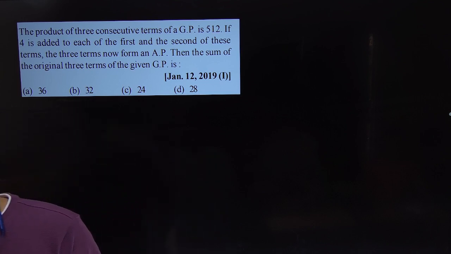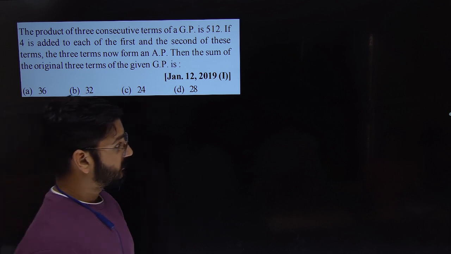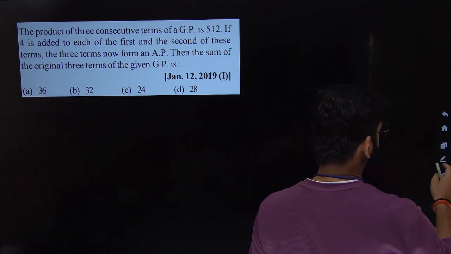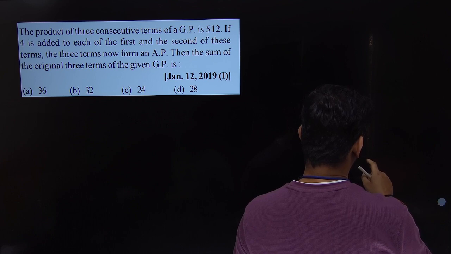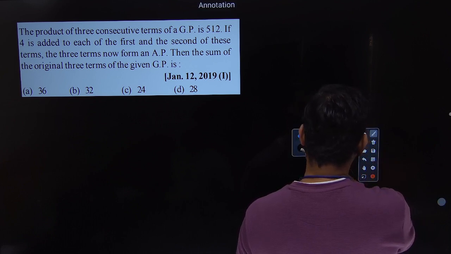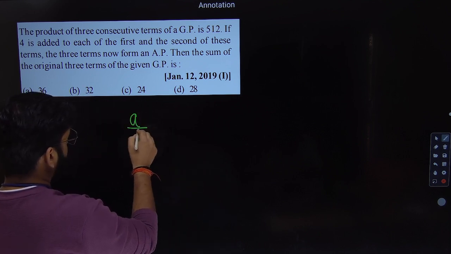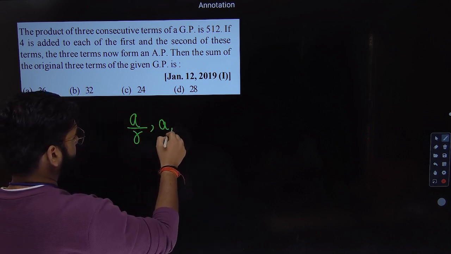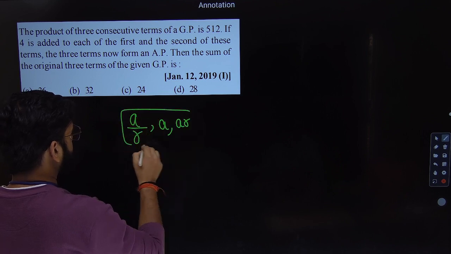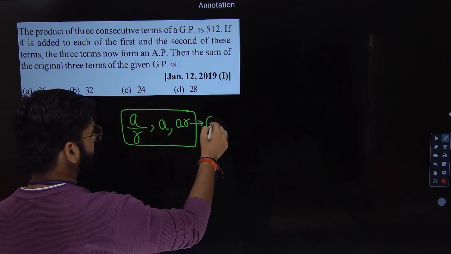So this is also a simple question, nothing difficult. So how do you write the first three terms of a GP? Correct. A by R, A and AR. That is how we write the first three terms of GP.